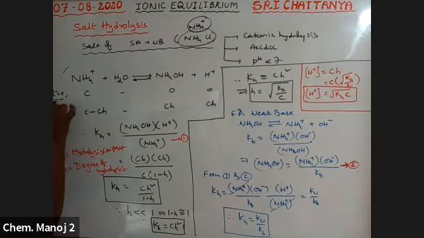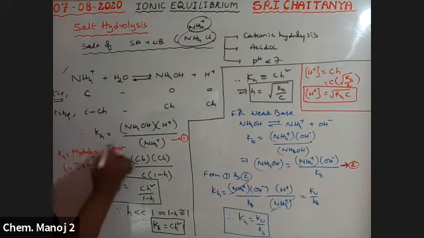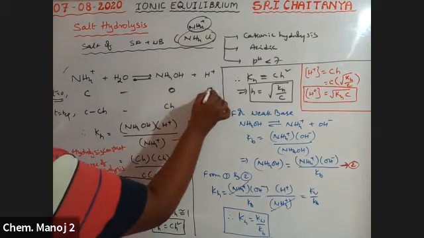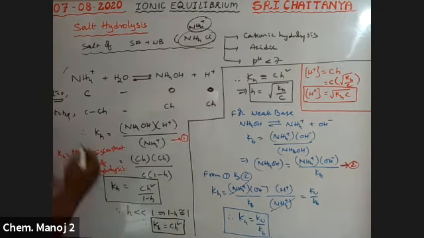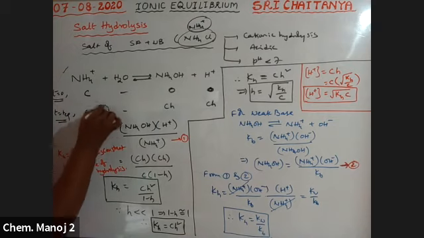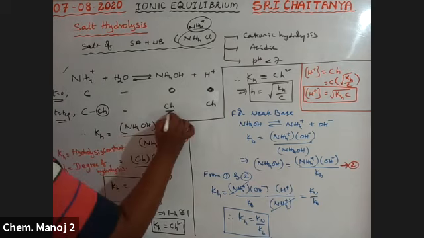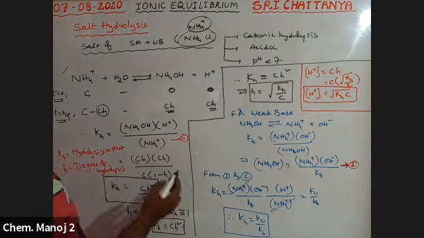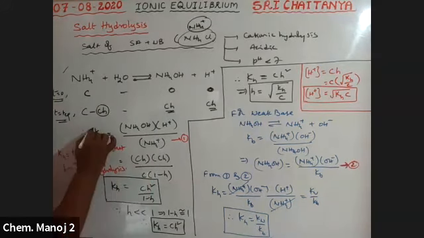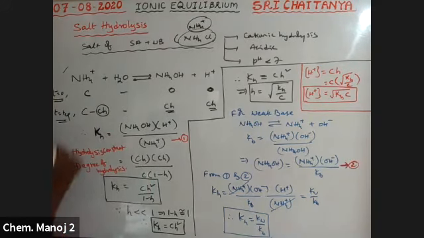At the initial condition, the concentration of NH4 plus ion is C. Water concentration is not changed, so I am neglecting it. Initially the products are 0 and 0. But after some time there is an equilibrium. So Ch is dissociated, therefore it is C minus Ch, and Ch of each product is formed. This is hydrolysis, so I am calculating the hydrolysis constant, called Kh.